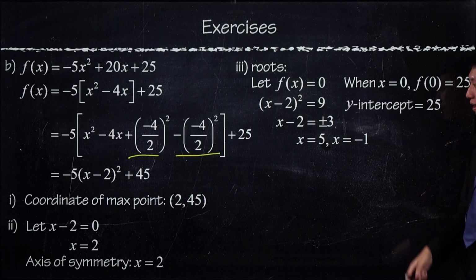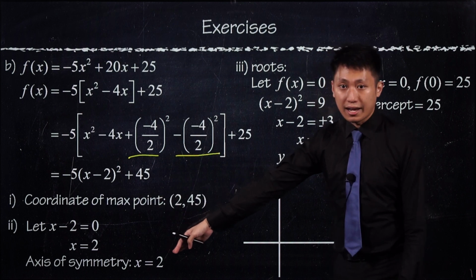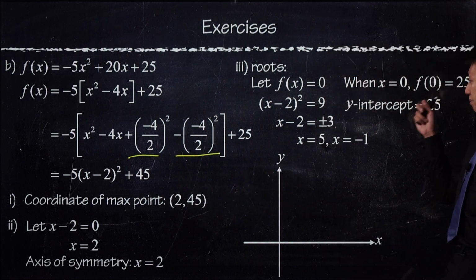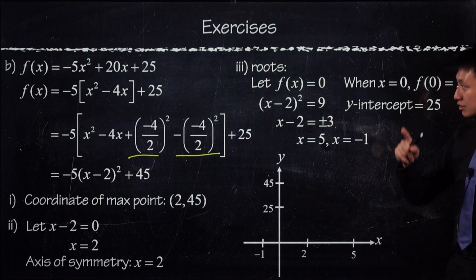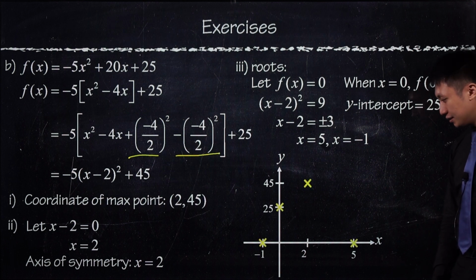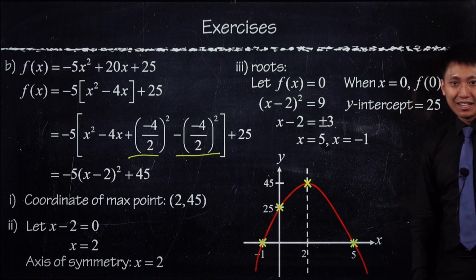Then y-intercept is 25. I can sketch the graph now. I plot this one, I draw that line, I plot these 2 x-intercepts, and also I plot the y-intercept. So I have all these points. Then I just draw a sad face. Okay, easy.